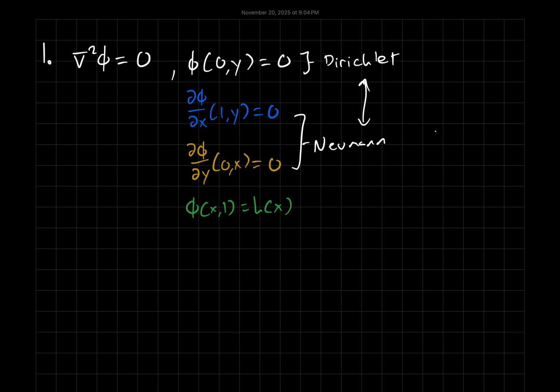So let's call this x equal to 0. And the blue one is going to be x equal 1.